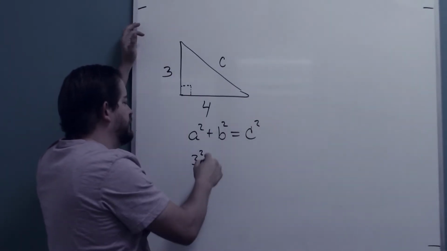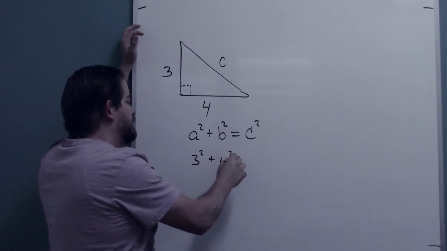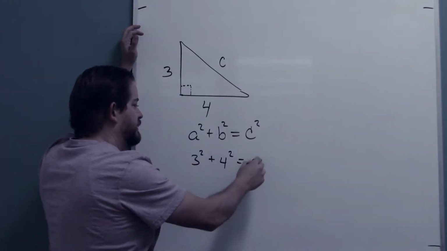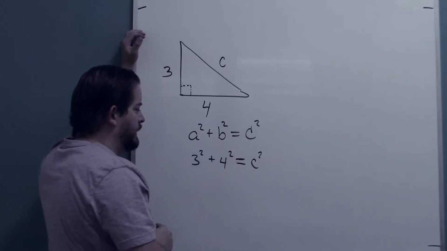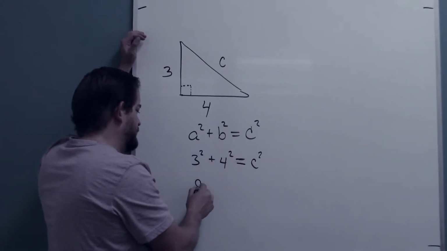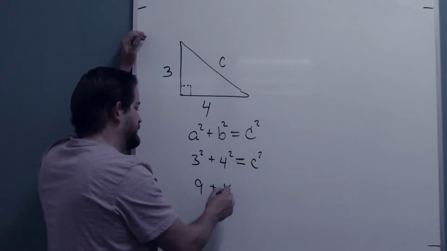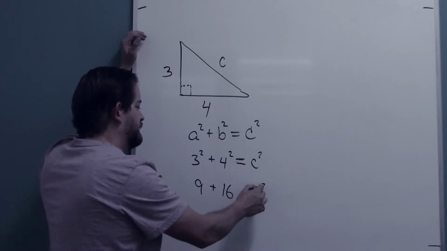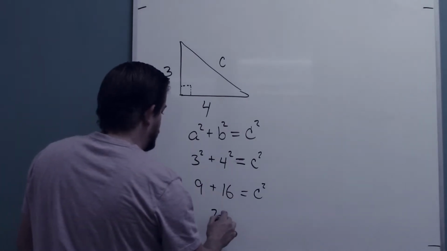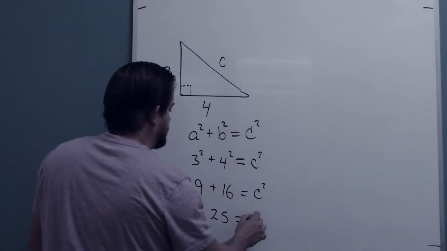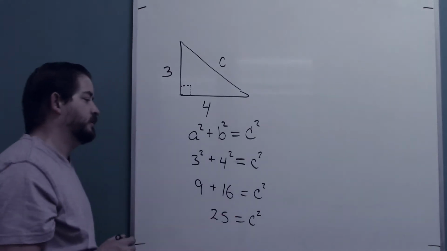Again, a and b don't matter which one is which, but c squared is the important one to make sure you get right. 3 squared is 9, 4 squared is 16, and so 9 plus 16, which is 25, is c squared.